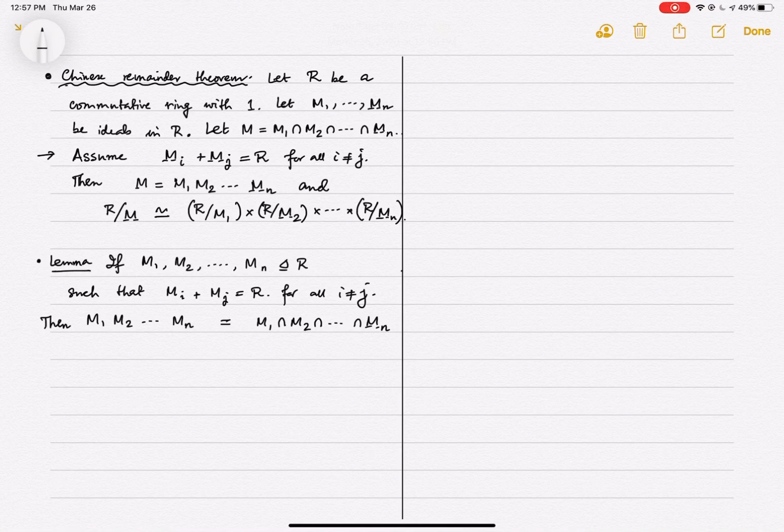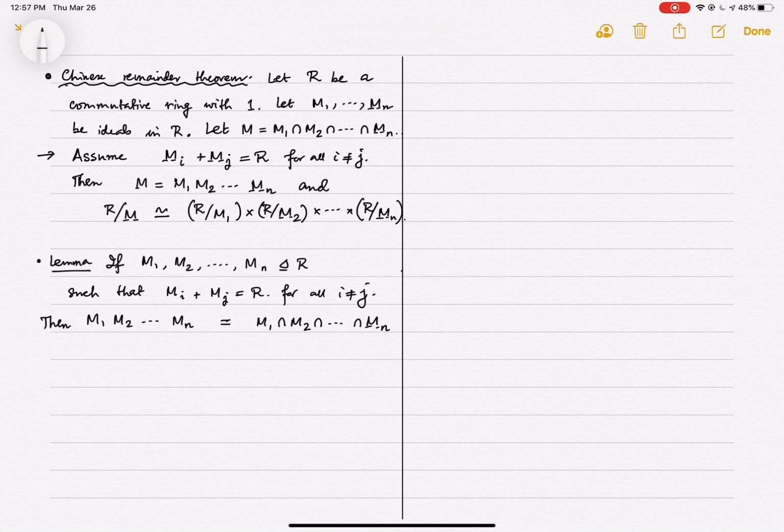We only proved the n equals 2 case. The general case is some induction, and you have to do a little extra work, and it's in the notes. I'll let you look that up. But at least the n equals 2 case we know.